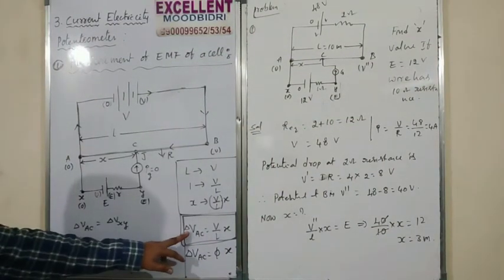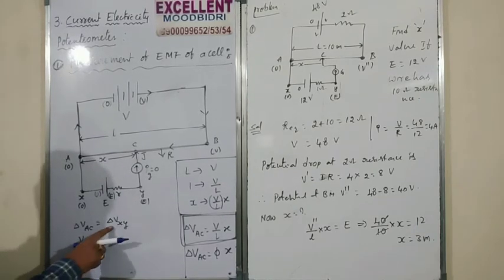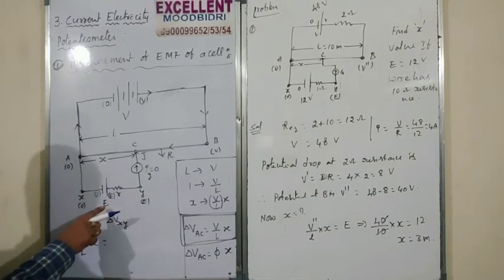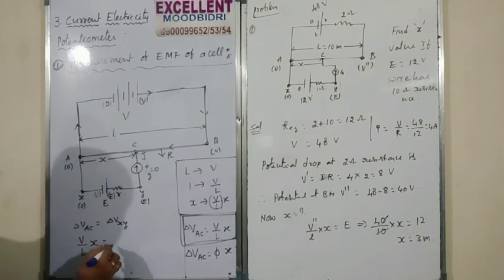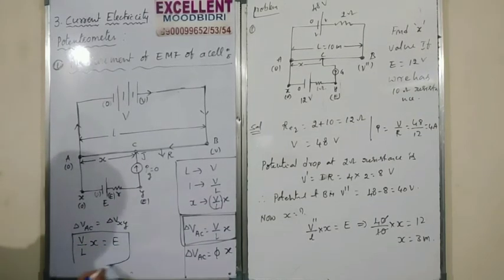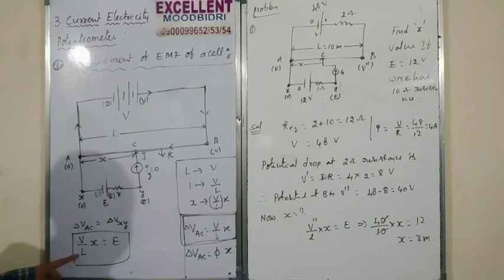So instead of delta VAC, we will consider V by L into x. For delta VXY, the potential here is E minus 0, which is E only. So that is equal to E. With the help of this formula we can easily calculate the EMF of a cell. E is equal to V by L into x.